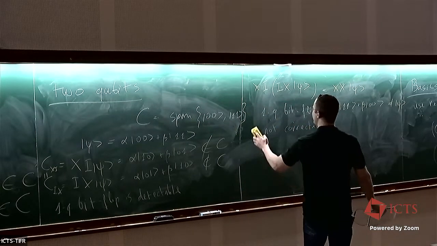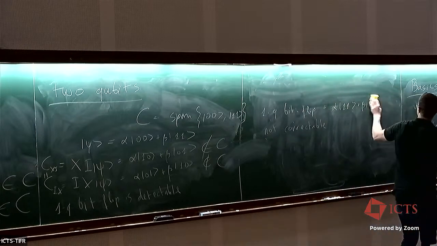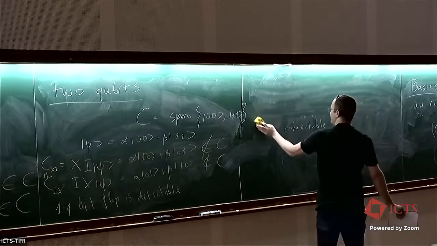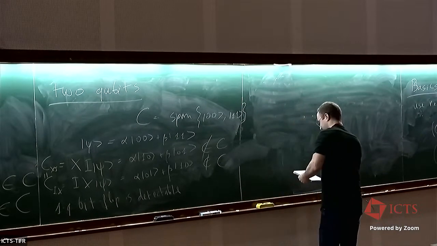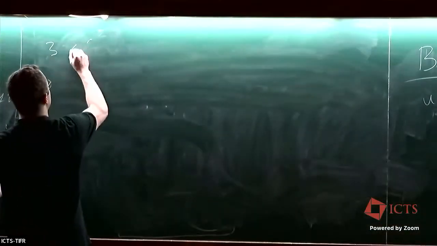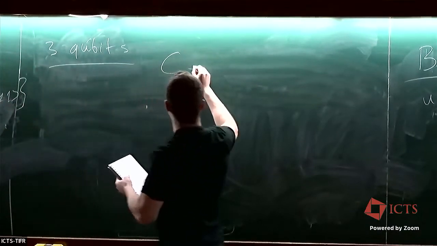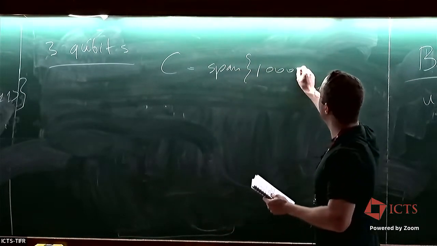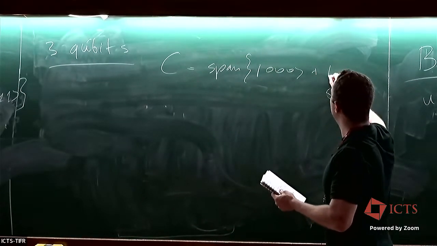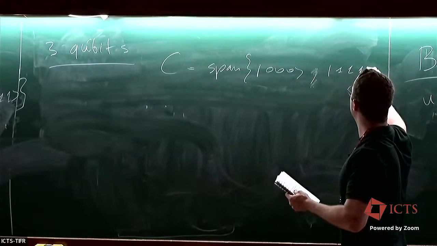So we have an error detection code, but not an error correction code. If we want an error correction code, we need to go, as I said, to 3 qubits. Now the code is the span of |000⟩ and |111⟩.